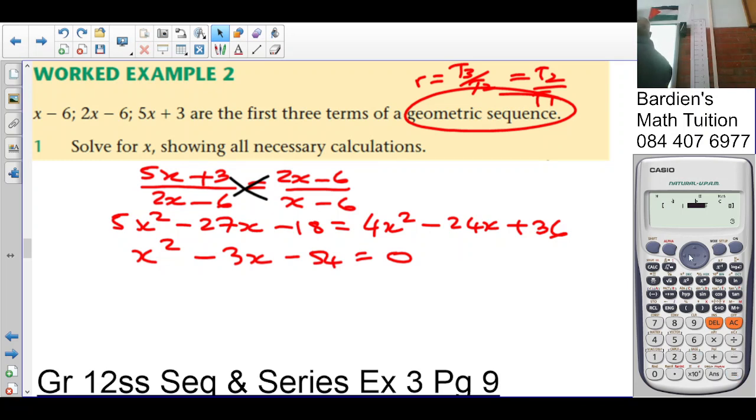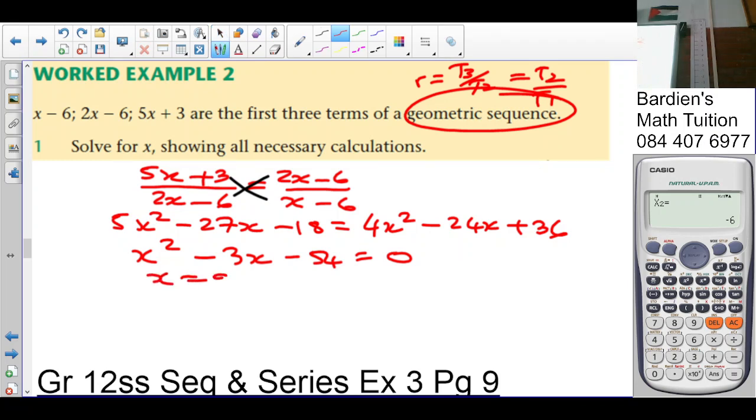For those of you who don't, whichever of the other two methods I've mentioned, you can apply. Do we need a calculator like this? No. Would it be nice? Yes. So the answer is x equal to 9 or x is equal to negative 6.